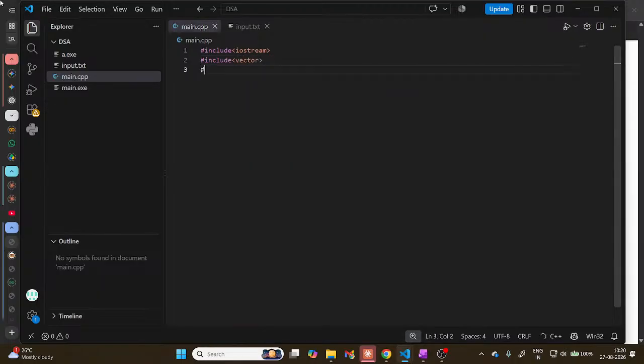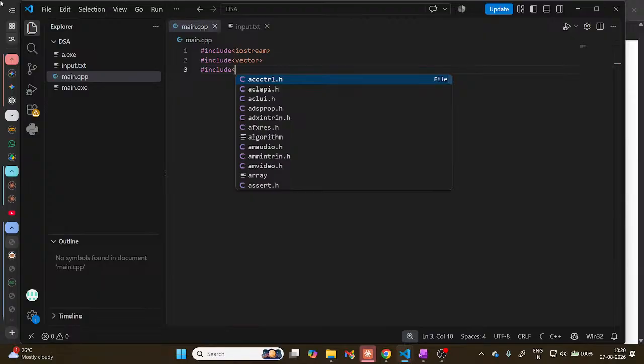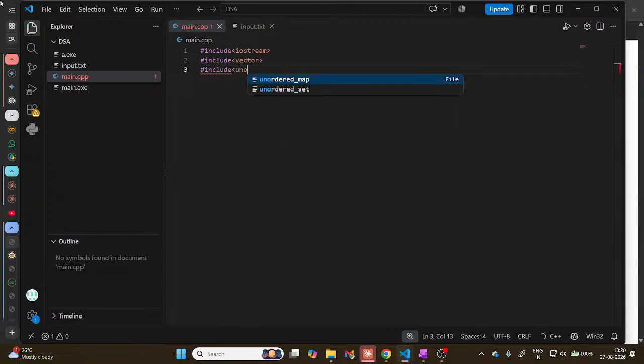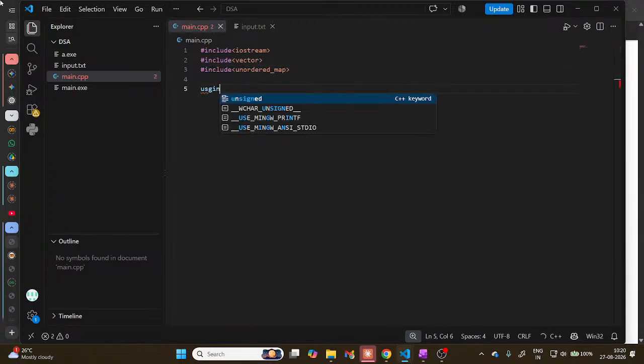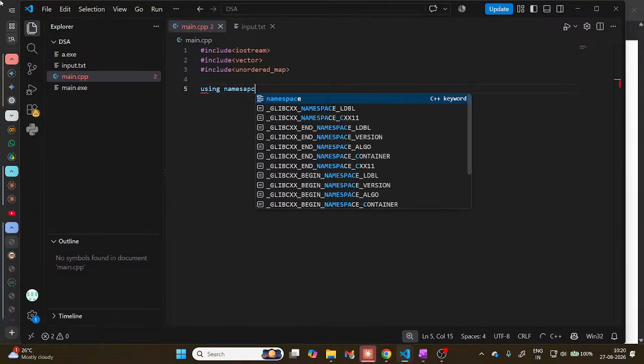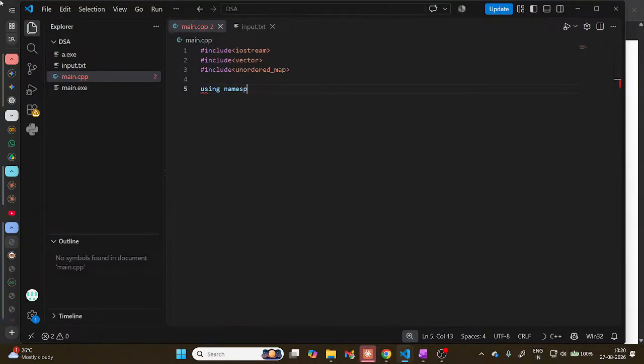And I need this unordered map, right? Unordered map, just that's it. Use namespace standard, and main here.